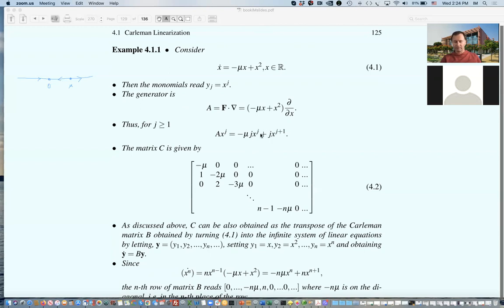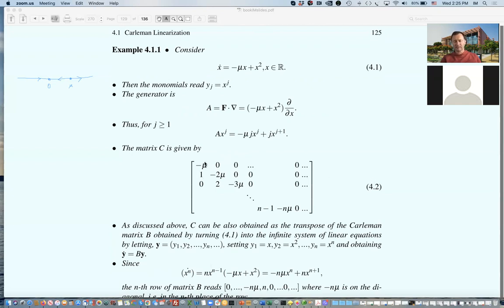And so according to our prescription, this should be sitting in the jth column. So let's look at the matrix C according to that prescription. Here is minus mu, that's this one, times 1, and here is 1, right there in that column. Then we go to the second one, which should be 0, minus 2 mu, because j is 2, and so on and so forth. This is actually showing the first n rows of the matrix, and the matrix continues in this direction, obviously, and in that direction.